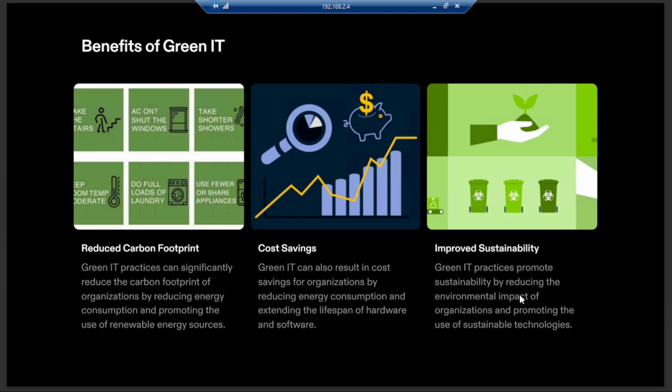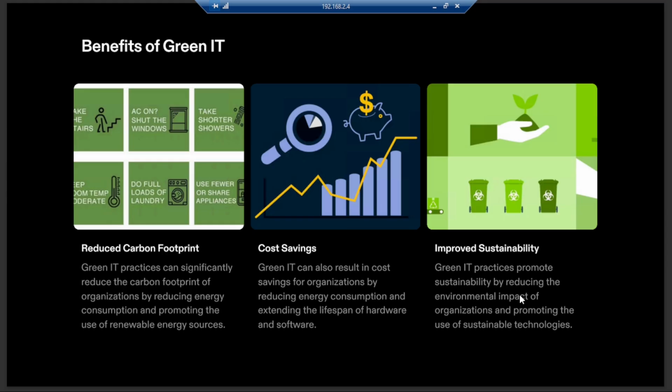When these components release carbon dioxide into the atmosphere, it can cause a lot of harm to the environment. So, with the help of Green IT, we can reduce the carbon footprint, which is really good for the environment.